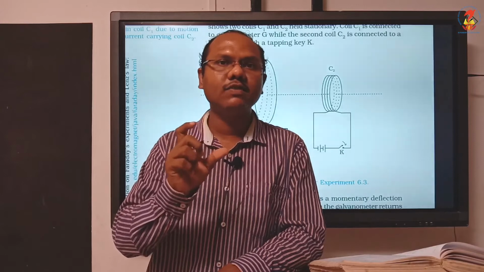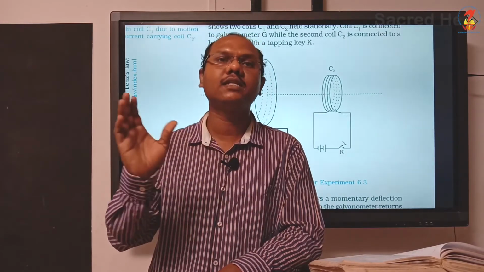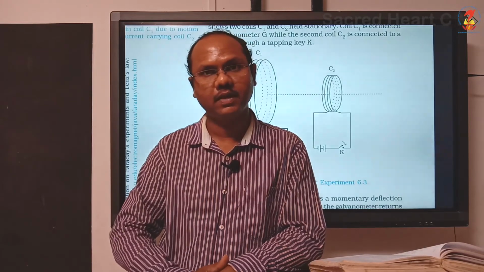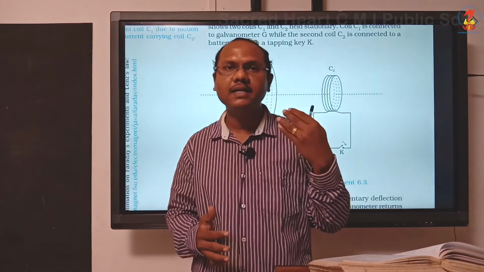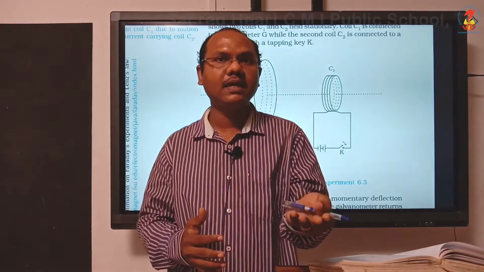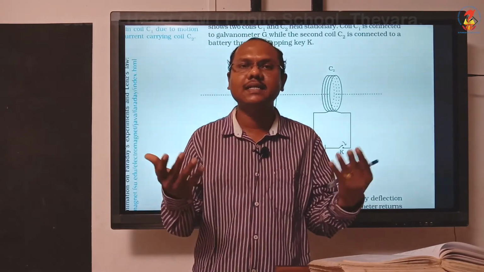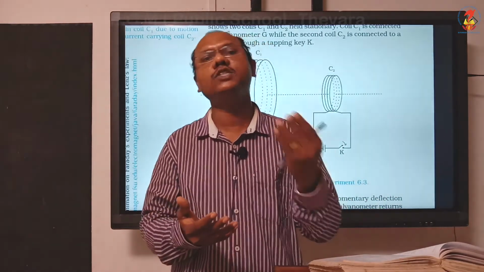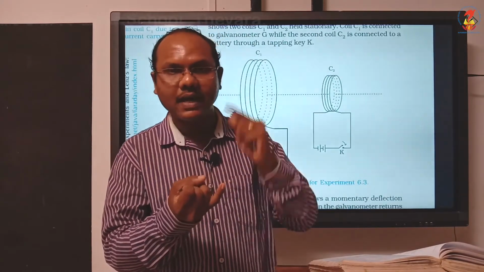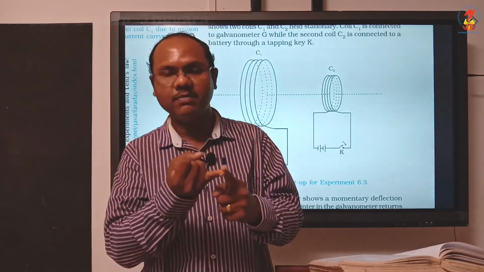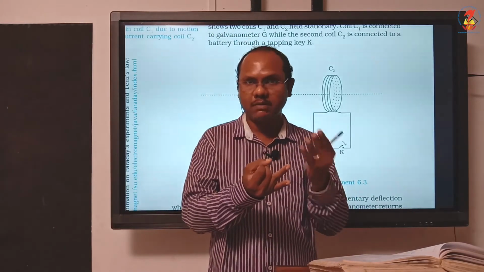The only thing which is required is that there should be a change in the magnetic flux. It can be done either by increasing or decreasing the current, that is number one, or by increasing or decreasing the distance, number two.